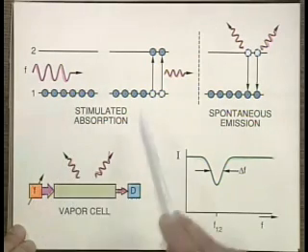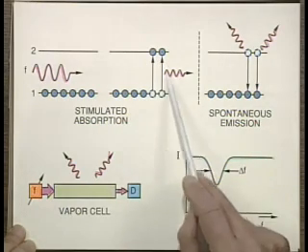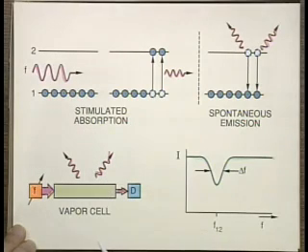You send the light in, and some of these are going to be excited into this excited state, and the light is reduced, and that's what we call stimulated absorption. And then we generate the same curve as we had before. So if you look at the output of the detector as a function of frequency or wavelength, then you would see this dip occurring at this resonant frequency. And this way you check out where this absorption occurs and the width of it.